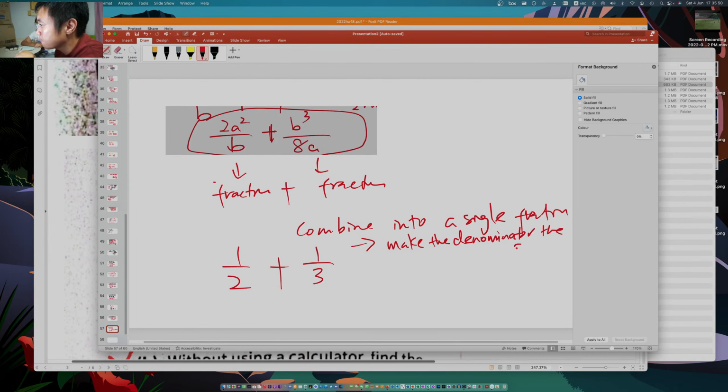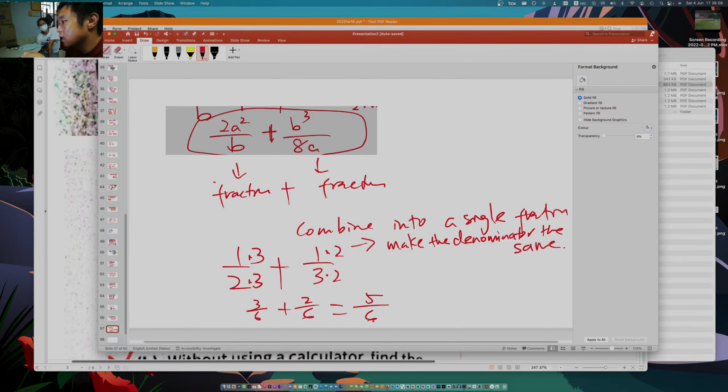So how do you make the denominator the same? The 2 is here, the 3 is here. So 2 compared to 3, short of a 3. 3 compared to 2, short of a 2. Times. So you get 3 over 6. You get 2 over 6. Then you get 5 over 6. Good. So similar technique.